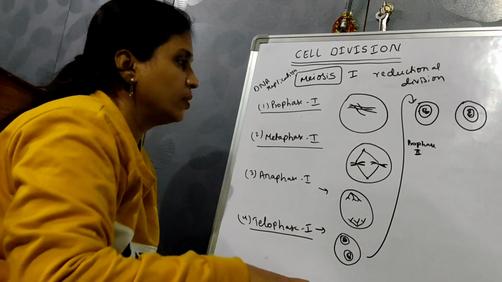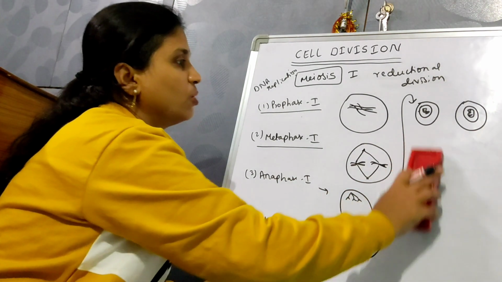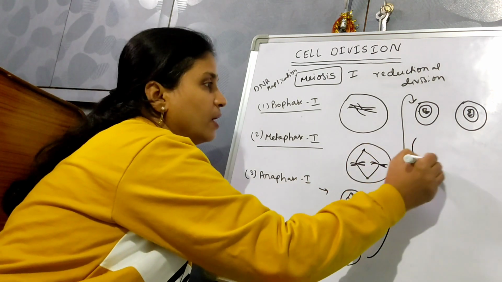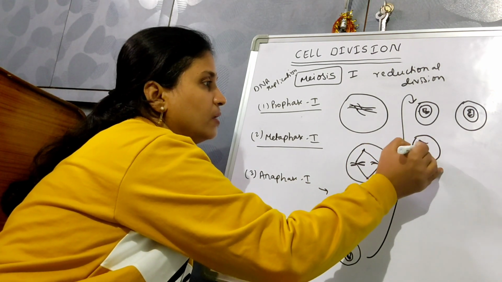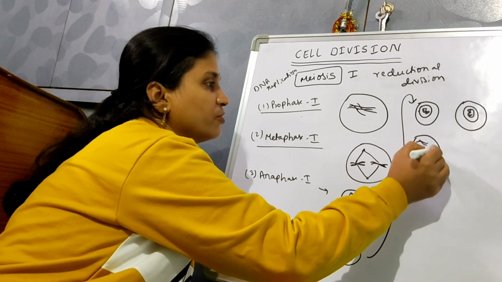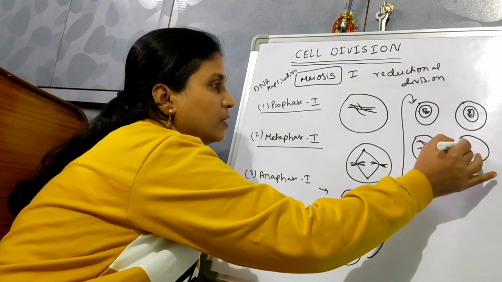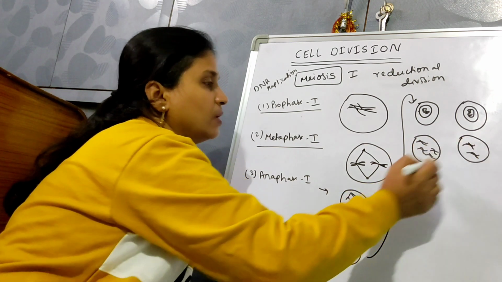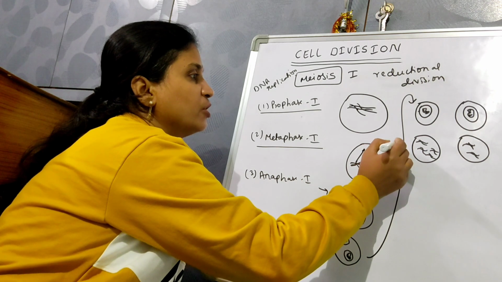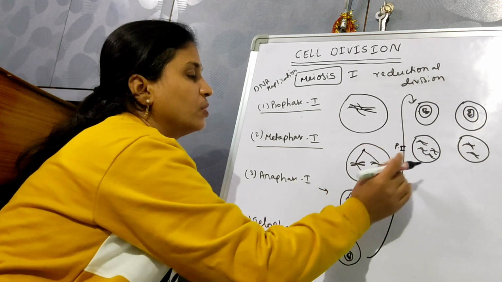In prophase 2, the chromosomes are formed like this.